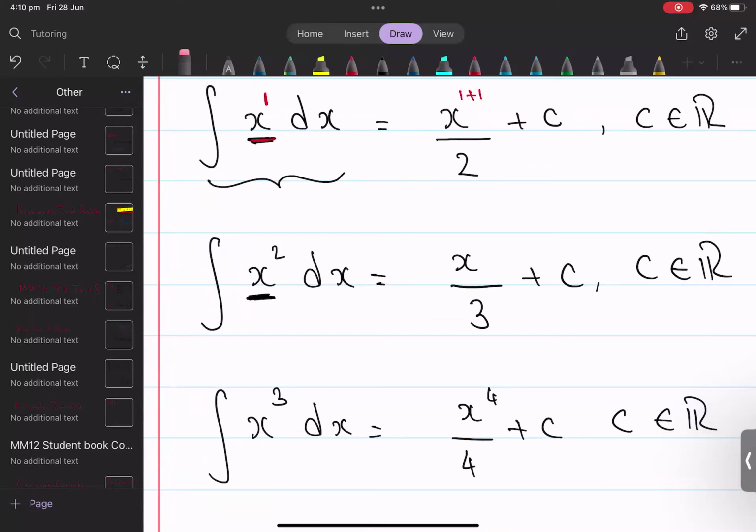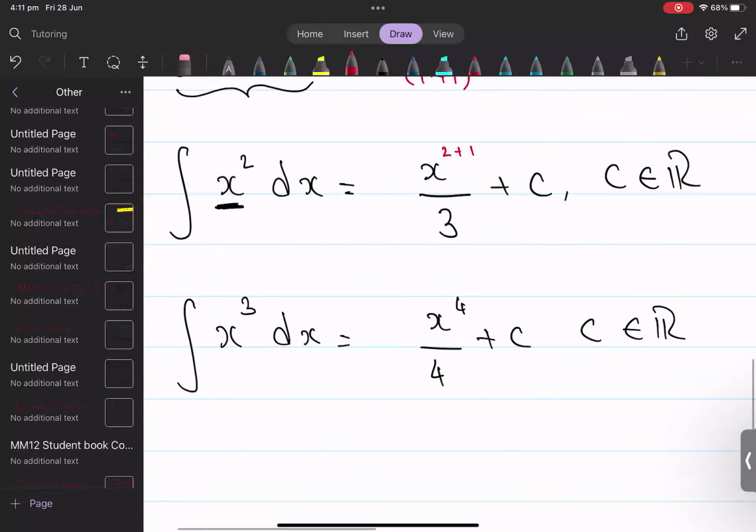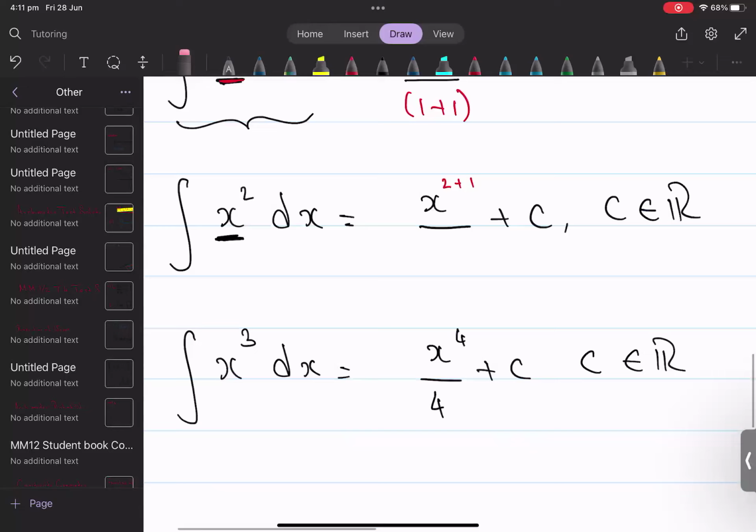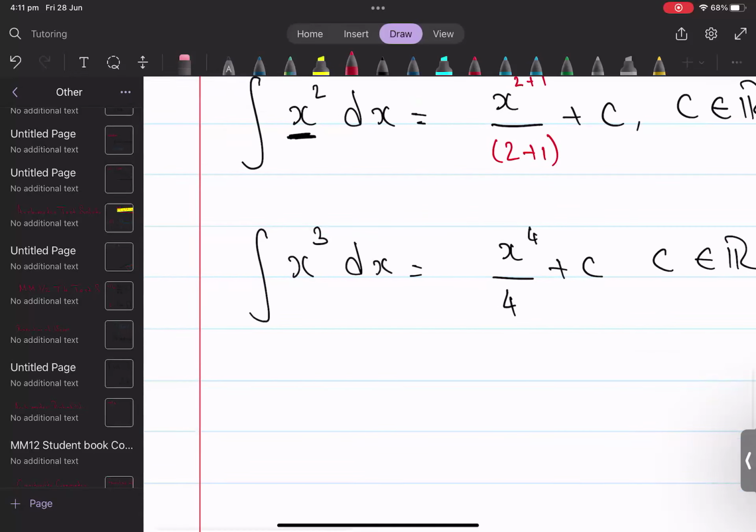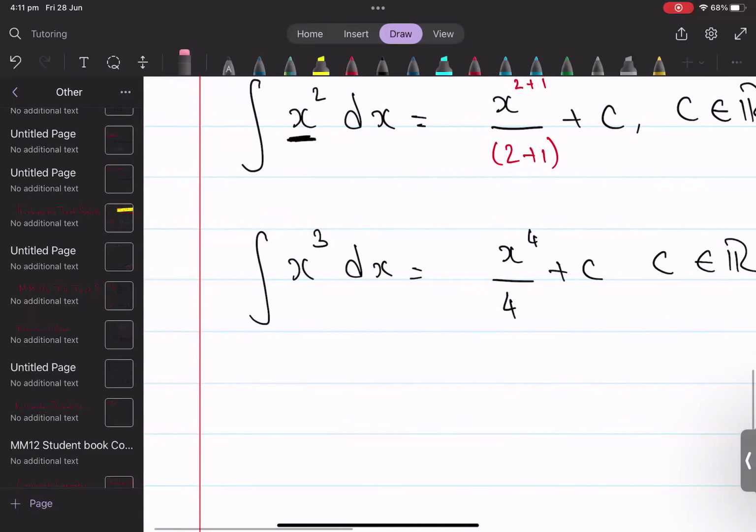And then similarly for the second line, you can write this as 2 plus 1, and 1 plus 1 as well in the denominator. And then similarly, we have 3 plus 1. 3 plus 1 is 4, so that's fine.